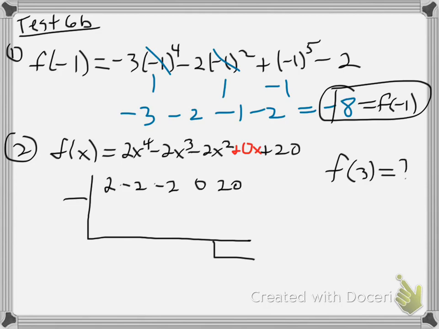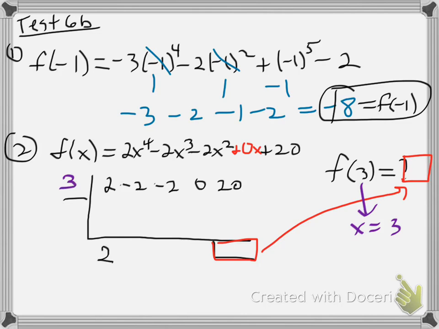So the remainder here is the answer, once I know the remainder right here. So this is telling me to use x equals 3. So that's what I'm going to put right there. There's x equals 3.